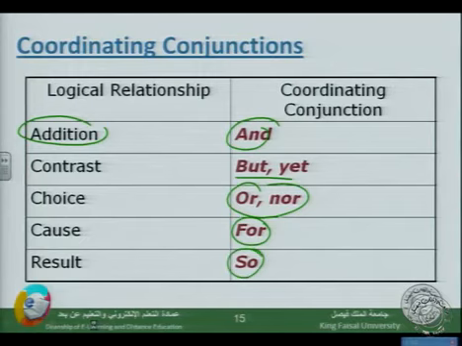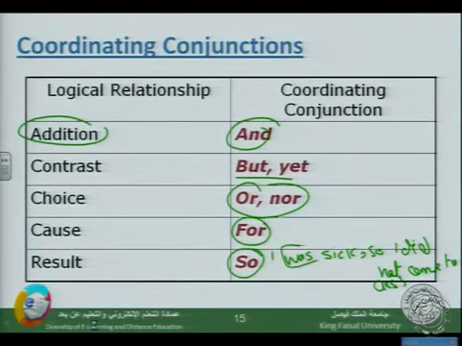So, for example, I was sick, so I did not come to class. لاحظوا هنا في الماضي was, هنا في الماضي did. So تستخدم للresult النتيجة. For, I came here for teaching English.